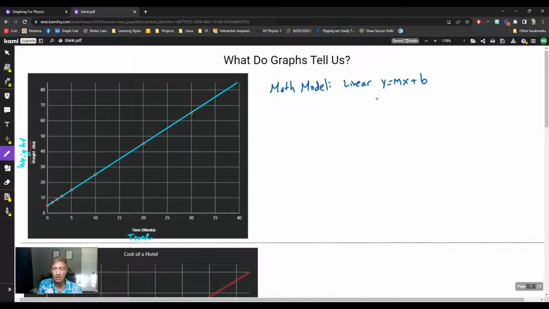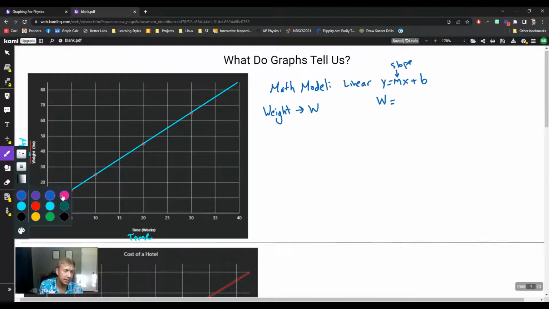Y is weight, or w, because weight is the variable graphed on the y-axis. It is tempting for some people to write pounds, lbs, equals something, but pounds is the unit that represents weight. Weight is the variable. So weight equals m, and m is the slope of our best fit line.